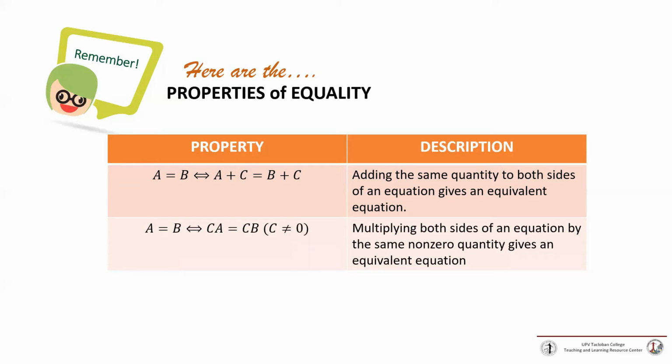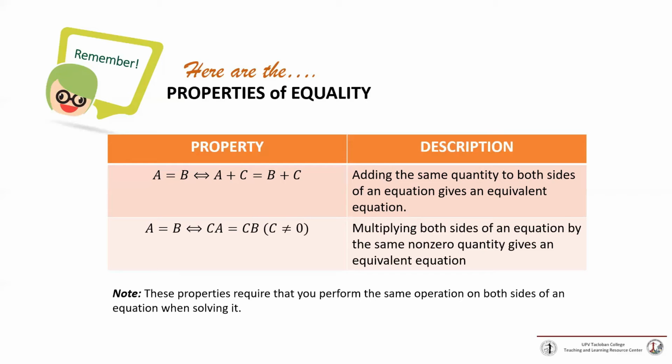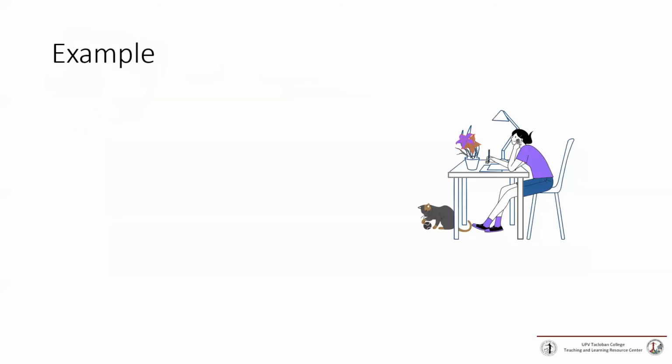The quantity being multiplied here is the quantity C. That is what we mean by this second property. We have to take note that these properties require that you perform the same operation on both sides of an equation when solving it.